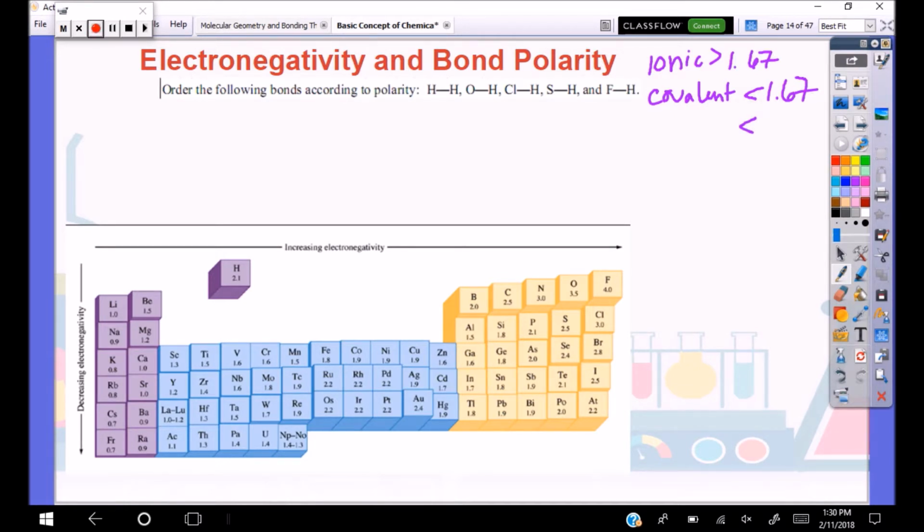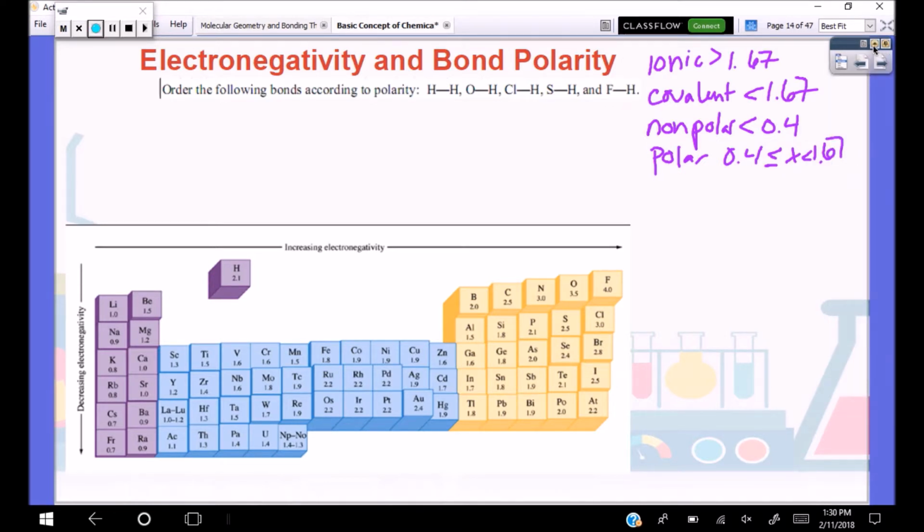If it's less than 0.4, it's going to be nonpolar. So you'll have this range of polar, which is 0.4 to 1.67. Okay? So that will be our range for polar and nonpolar.